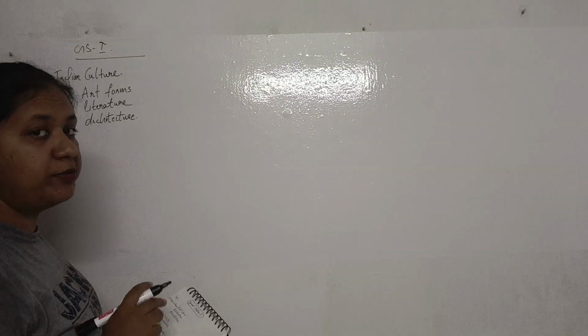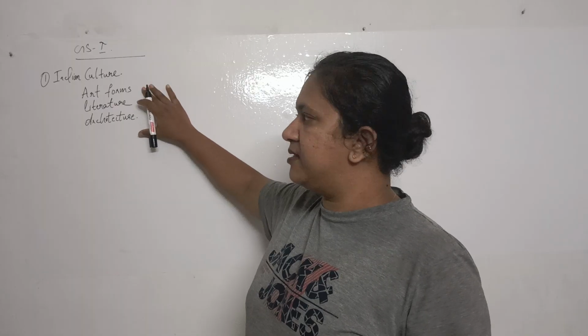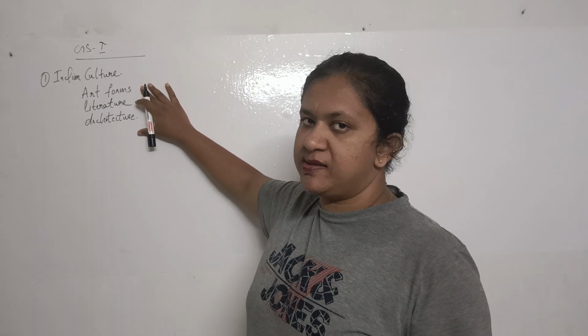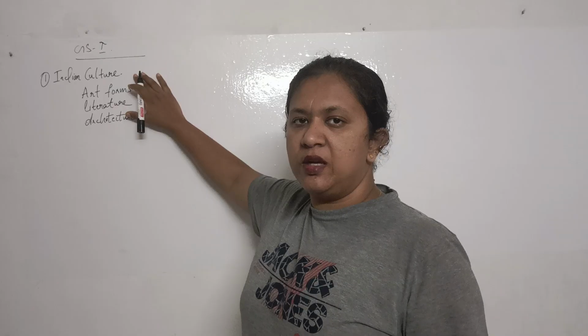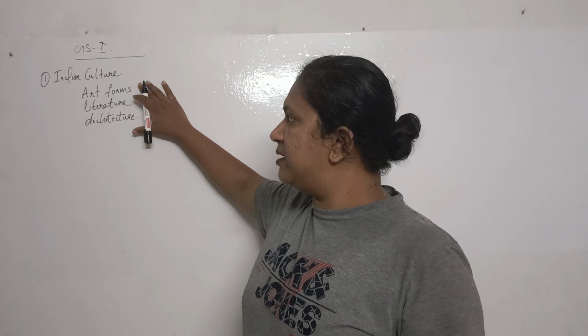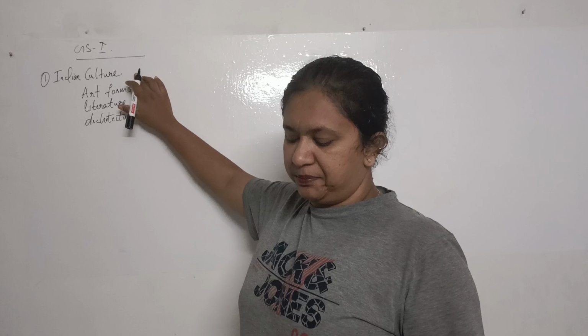We have to cover the entire Indian culture through these topics: art forms, literature, and architecture. These are the main topics that UPSC is saying from Indian culture. We have to study different religions, every aspect of Indian culture, but these three topics are the most important ones.